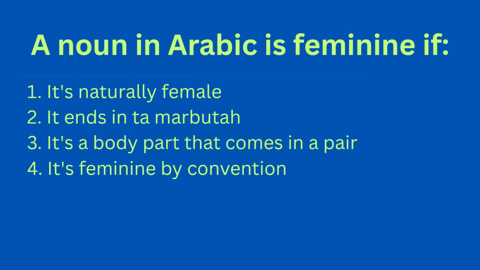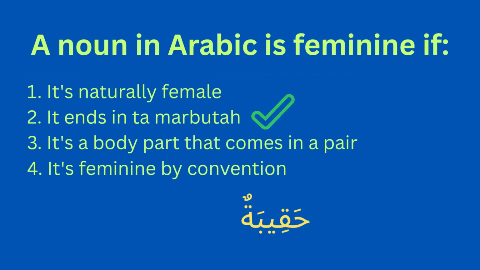Summary. A noun in Arabic is feminine if it's naturally female. Examples: ummun, mother; bintun, daughter; and so on. It ends in Tā Marbūṭah.